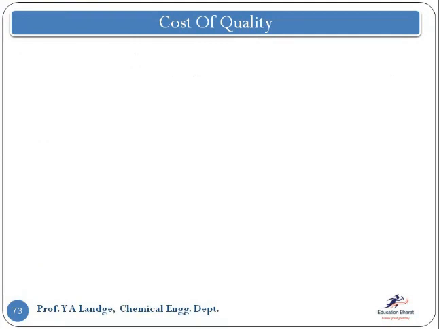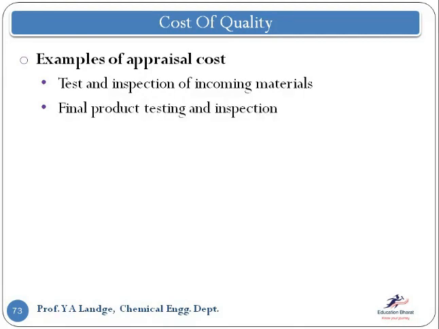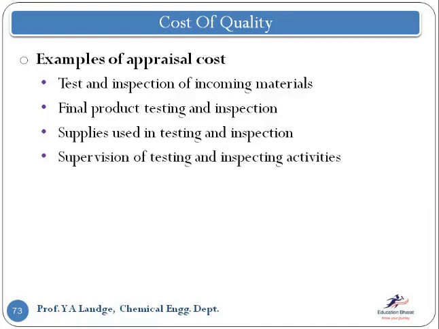Fine. So here we see the different examples of appraisal cost. One is test and inspection of incoming material. So we are spending money on the test and the inspection. We spend money on the final product testing and inspection, supplies used in the testing and inspection, and supervision of the testing and inspection.